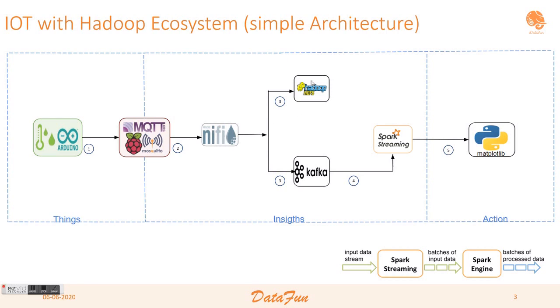NiFi will consume the data and route it to Hadoop and Kafka, and Kafka will be publishing the data to Spark Streaming. Spark Streaming will consume and process the data. And I have used simple Python libraries to do the visualization here. Okay, so this is how the simple architecture looks.